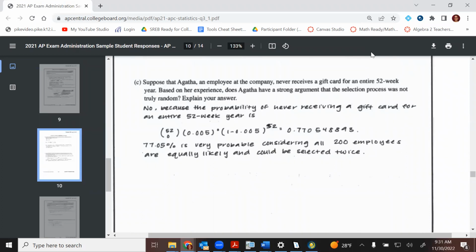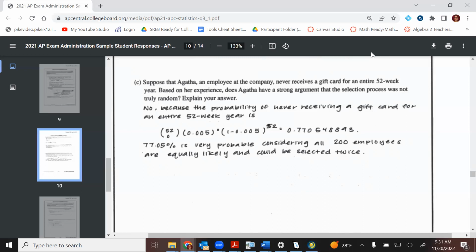What would you feel about them? Read through what they had and tell me what you think. They show their work to support it. They could have done 1 minus their answer from the front side because that would have resulted in the exact same decimal value here.